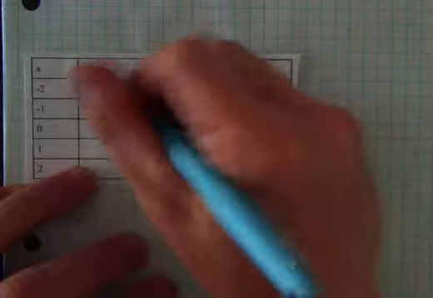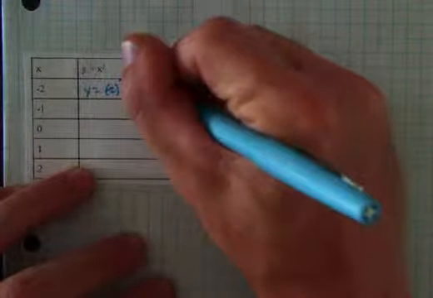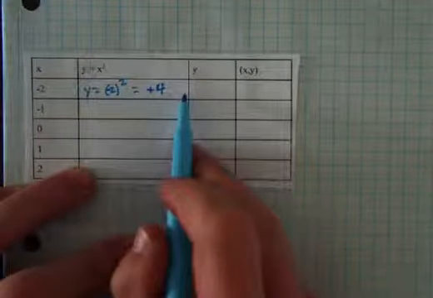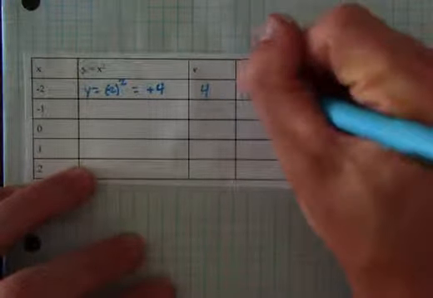Sorry, I forgot the negative. -2 squared. Well, -2 squared is +4. I'm sorry about that. -2 times -2 gives us +4, so our y value is 4. So if our x value is -2, our y value is +4.